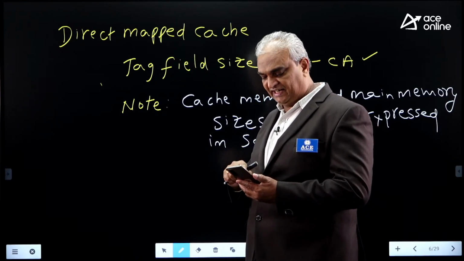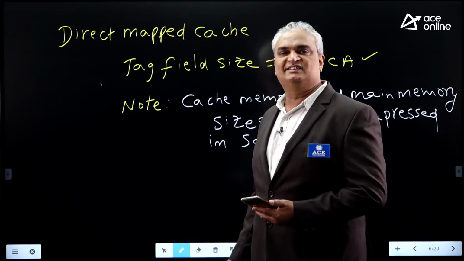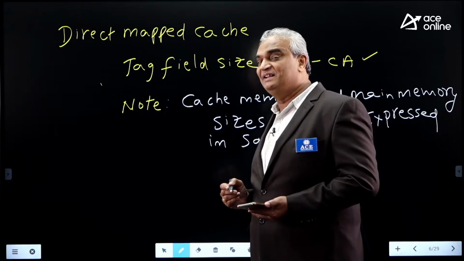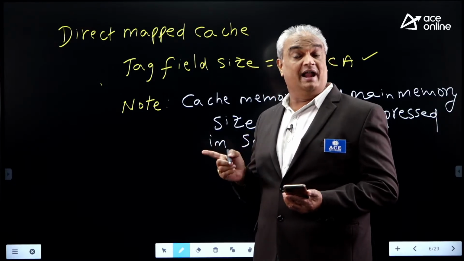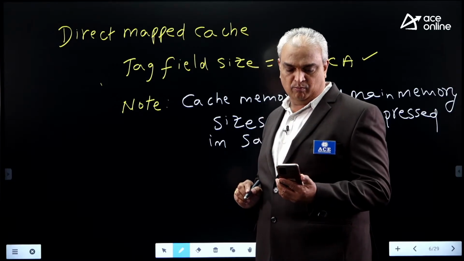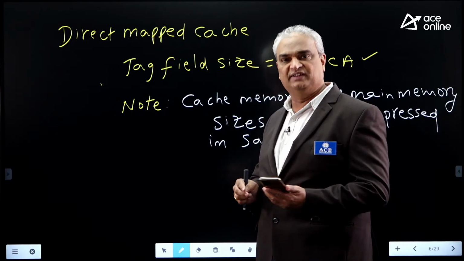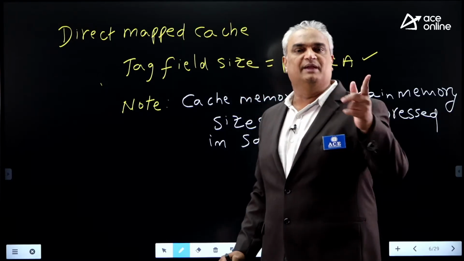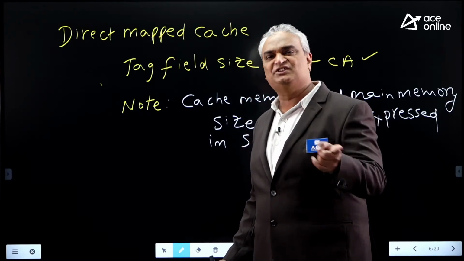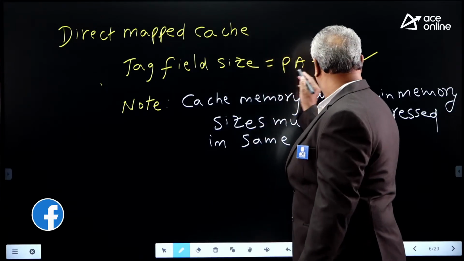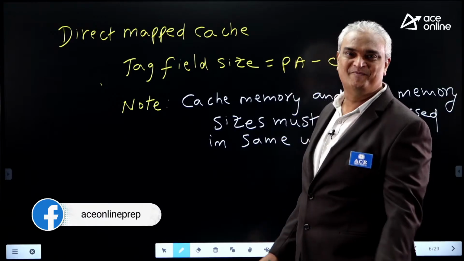Suppose cache memory is expressed in bytes and main memory in words, and the word size is not equal to 1 byte, then you should convert both into the same units, either bytes or words. Then only this expression is applicable.